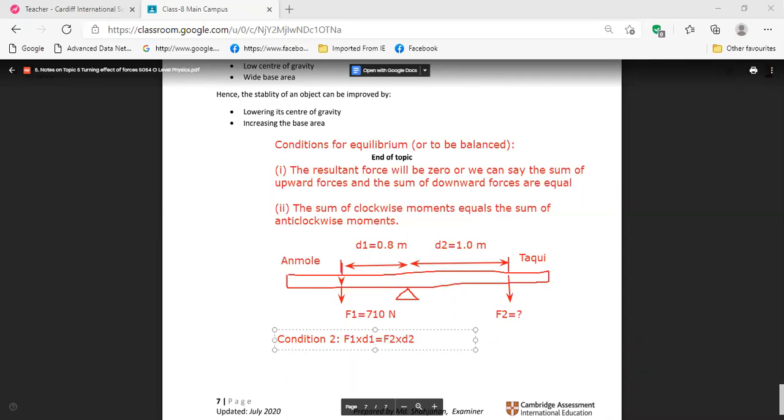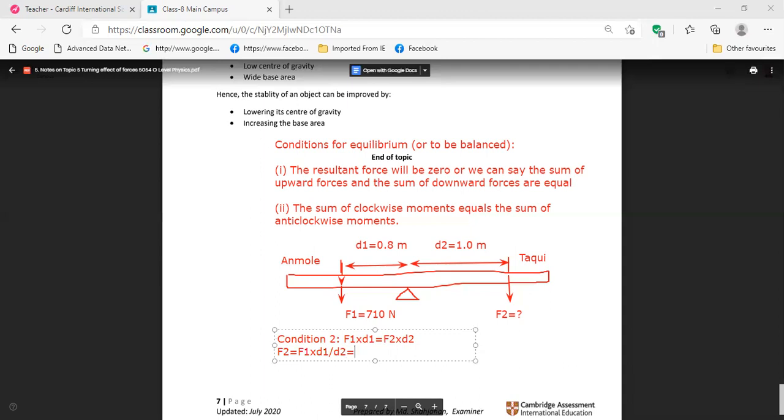So this formula will apply for this example. You have to find F2, right? If you make F2 the subject, it will be F1 multiplied by D1 divided by D2.